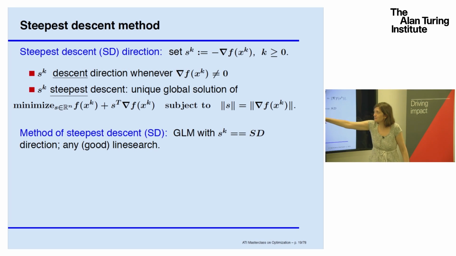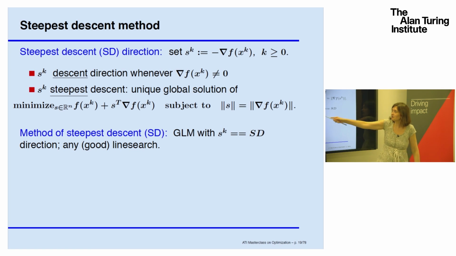And why is it called steepest descent? Because the negative gradient is the direction of the fastest local rate of change in your function, the direction of the fastest decrease locally.